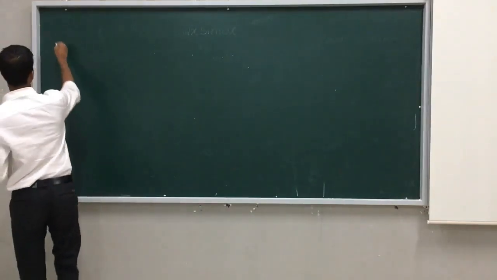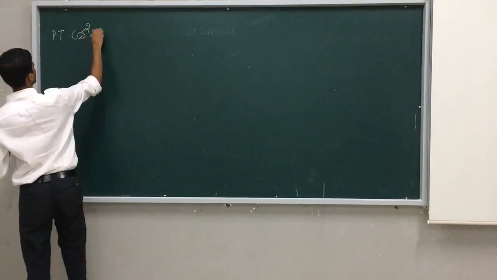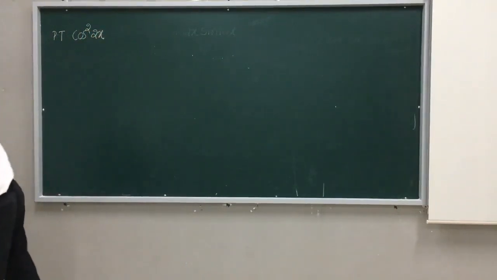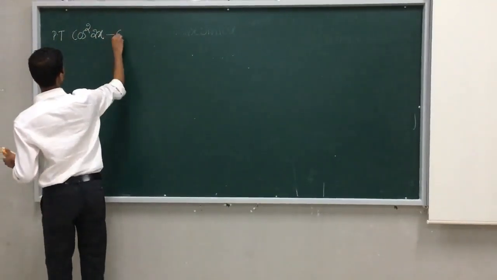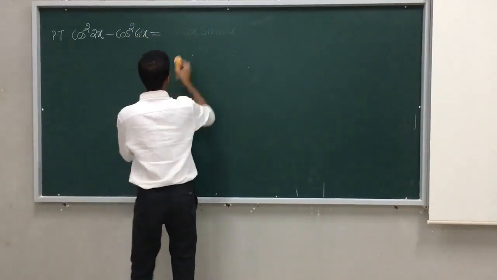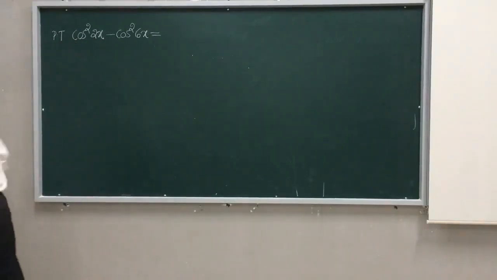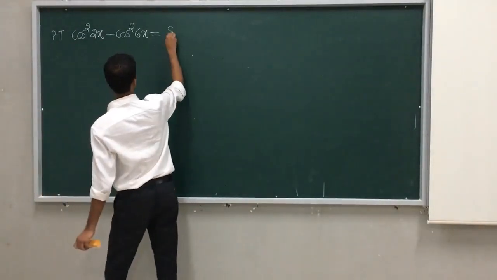Cos square 2x minus cos square 6x is equal to sin 4x sin 8x.